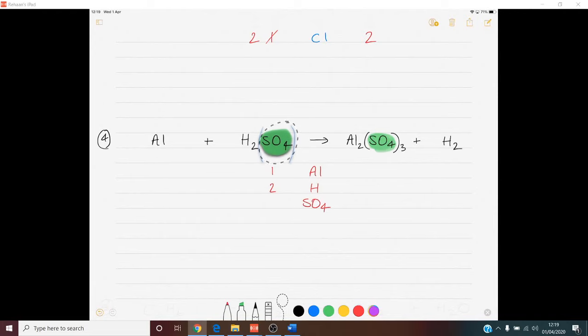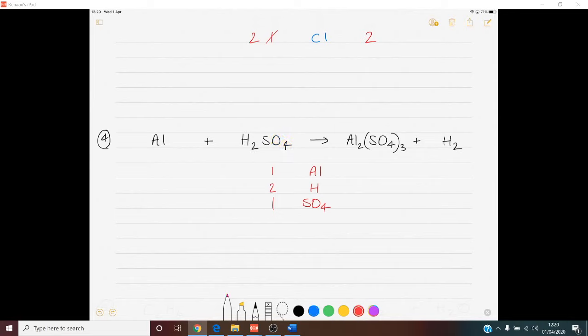There's actually only 1 sulfate group. Now to explain that a little bit further, the best way I can describe it is the number 4 is only for the oxygen. So when we look at SO4, the sulfate group, there's only 1 sulfate group, really.